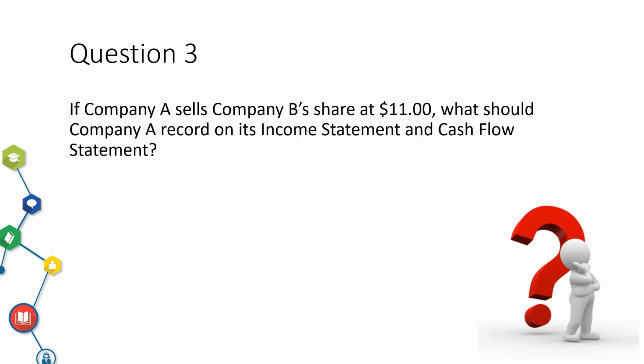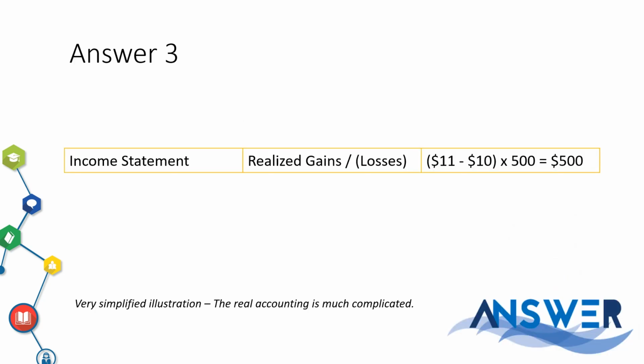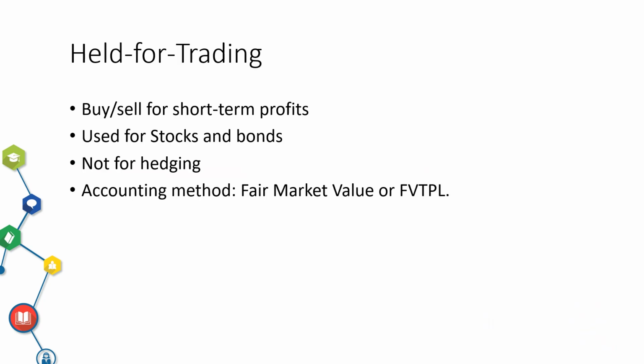Question 3. If Company A sells Company B's shares at $11, what should Company A record on its income statement and cash flow statement? Pause this video for 1 minute to answer. The answer is Company A will record realized gains of $500 in the income statement.